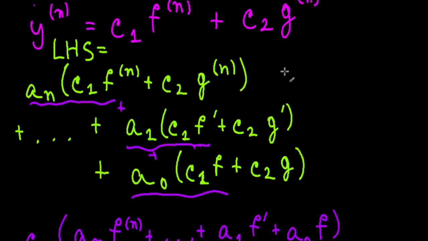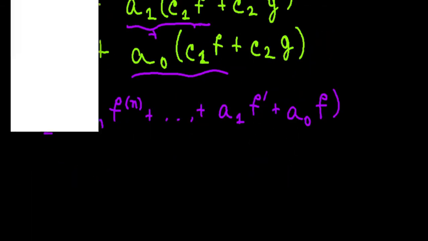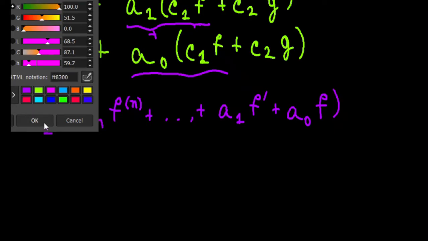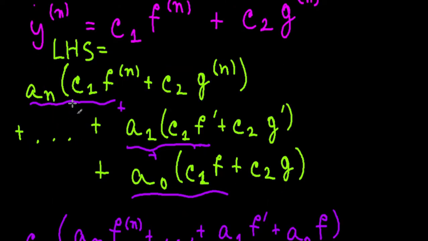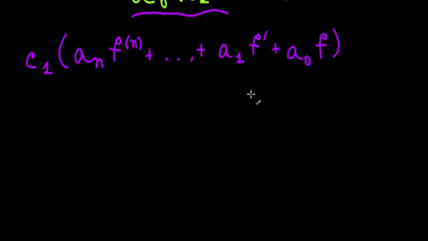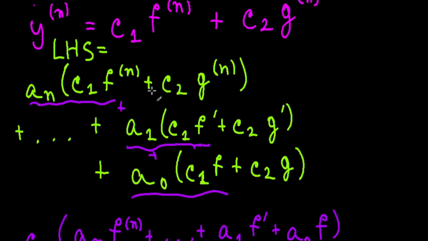And the same thing with g. Now that we've grouped the f terms, we're going to group the g terms. Same thing here: all of these are added to each other, and we can take a factor of c2 out of all of them.